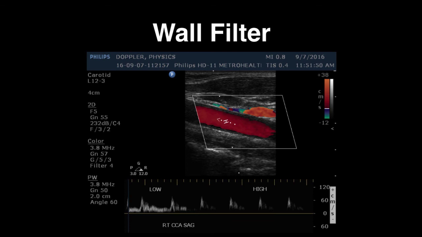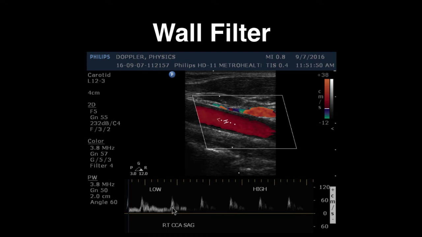We already discussed wall filter adjustment in the color flow imaging video, but take a look at what happens to your spectral waveform. Remember, you have the ability to adjust the wall filter from a low, medium to high setting. And when you're at a high setting, you're basically telling the machine that you're not interested in these lower and medium velocity signals, and those get taken out.